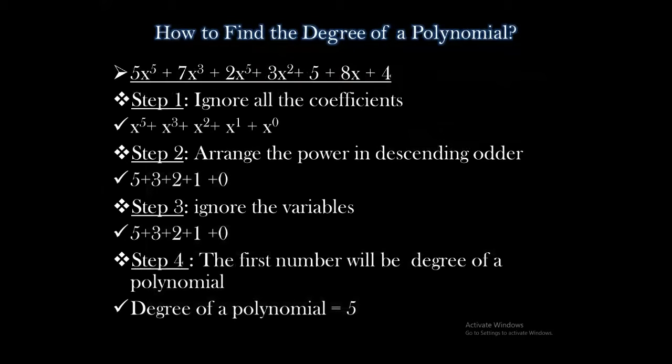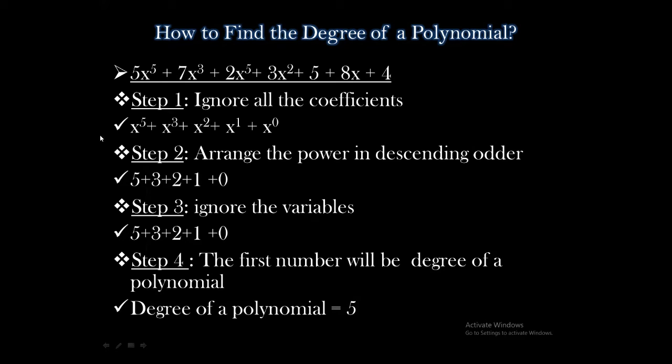How to find the degree of a polynomial? Step 1, ignore all the coefficients. So you basically don't need the coefficients. Step 2, arrange the powers in descending order. So we got here 5, 3, 2, 1, 0. So we are going to ignore all the variables then. Actually here it needed to be x to the raised power of 5 plus x to the raised power of 3.